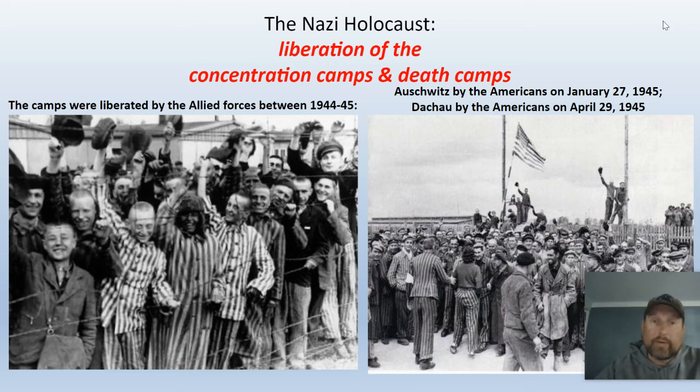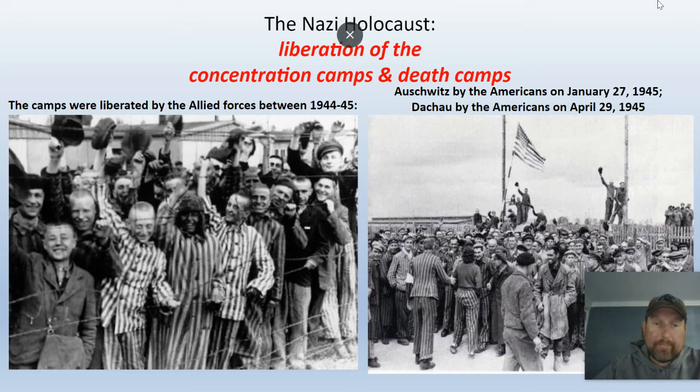We move on to understand the liberation of the concentration and death camps, in large part operations undertaken by American troops. The camps are liberated by the Allied forces throughout the years 1944, 1945. Auschwitz in January of 1945, Dachau in April of 1945.